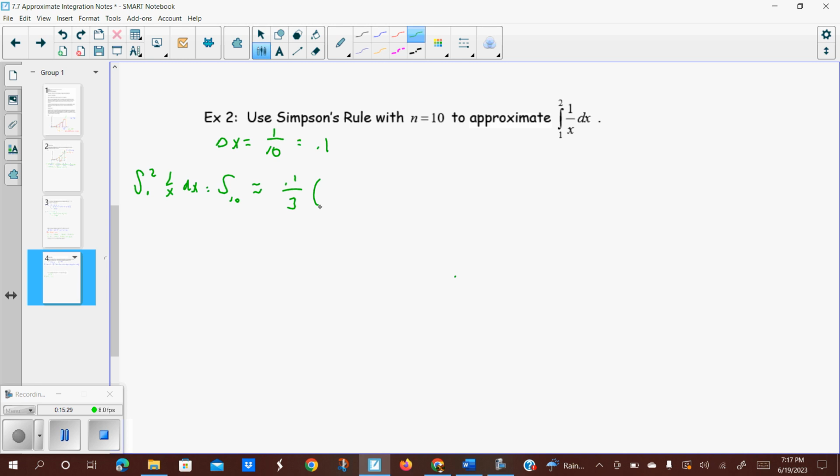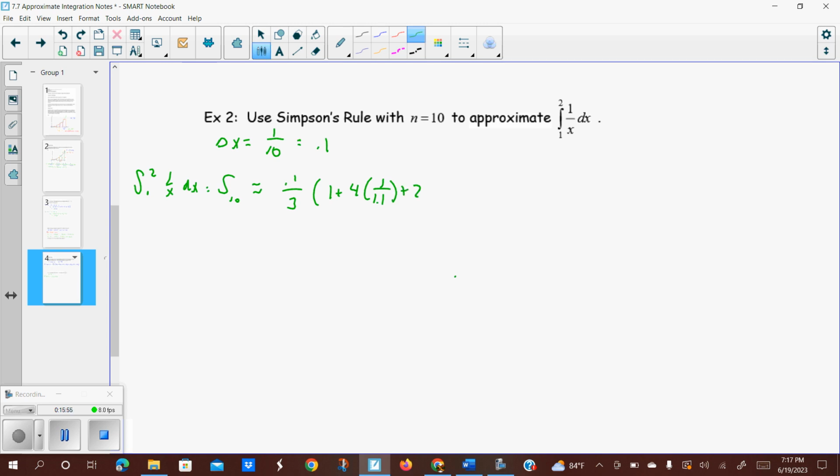So, according to our rule, it is f sub 0, the first one, which is always going to be at the first endpoint, which is 1, so that's 1, plus 4 times, plug in the next one. Well, since delta x is 0.1, it'll be 1 over 1.1. I keep forgetting the 1 there in the bottom was where we started.